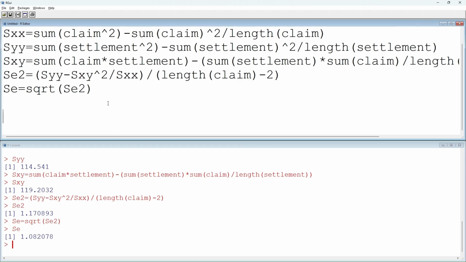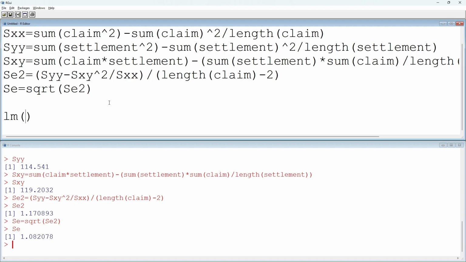Now, the simplest thing to do in doing a regression or a correlation is to do LM, which stands for linear model, and it is a function in base R that enables you to apply a simple linear regression model, or a multiple linear regression model, but it helps you to apply linear models.